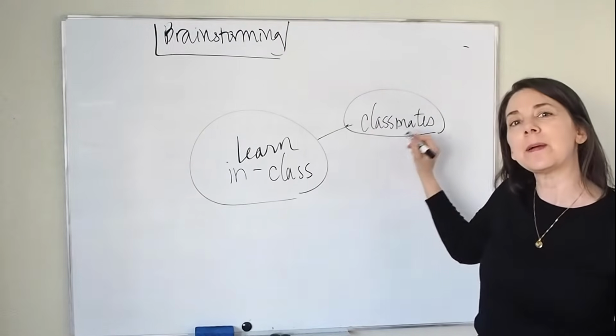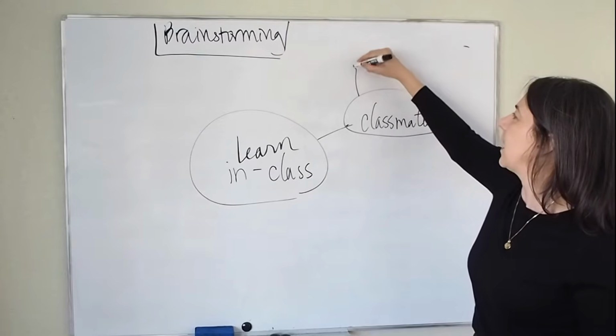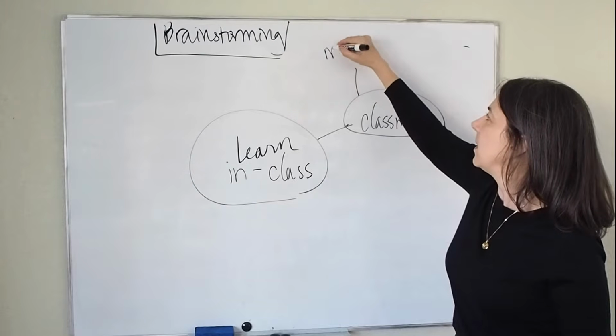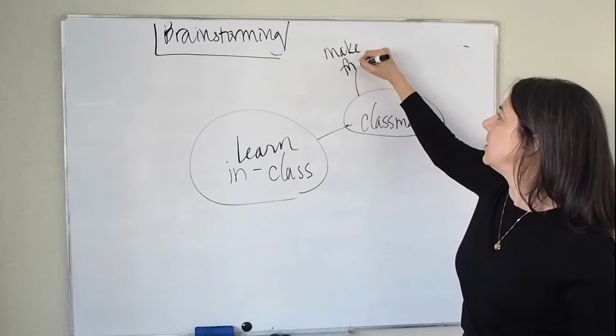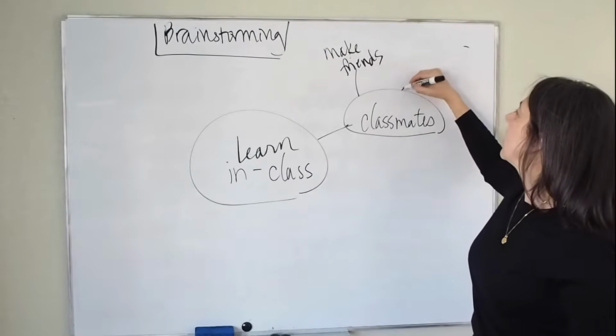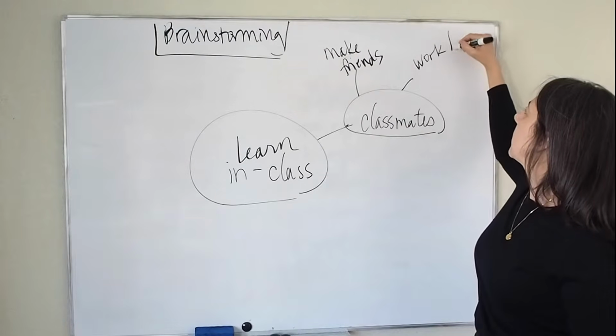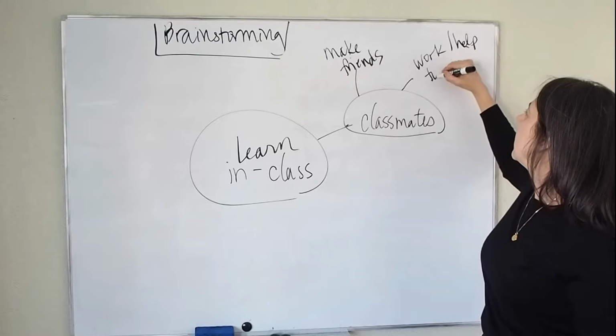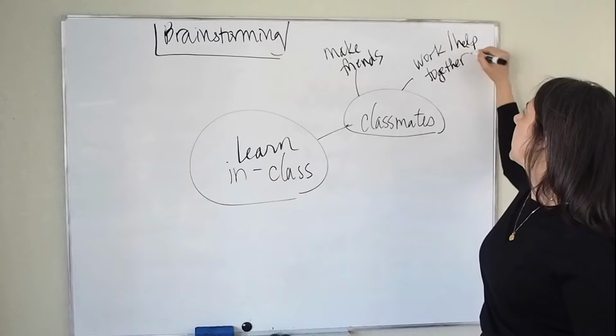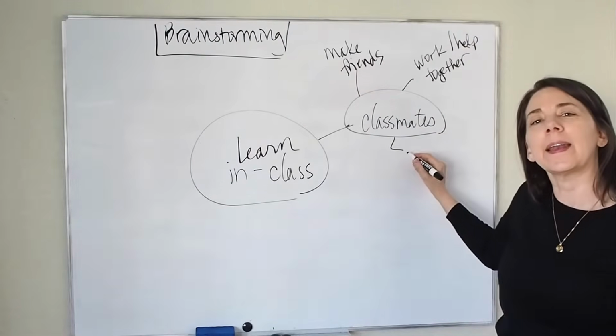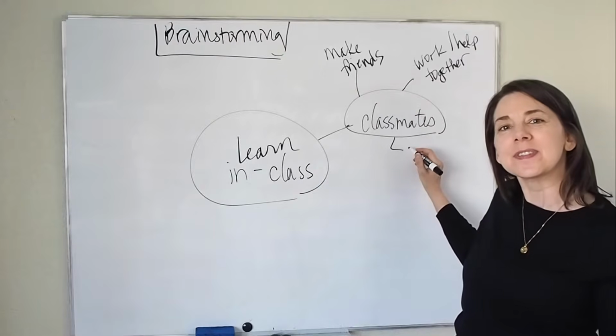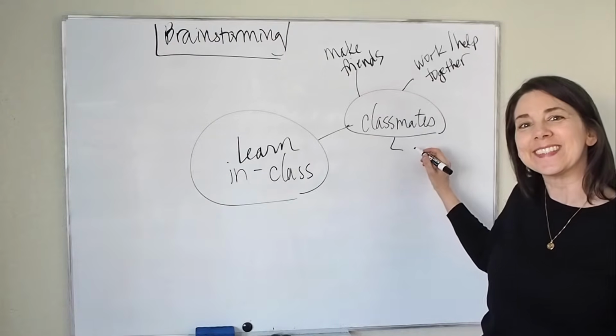And then I want to think about the details. I might say that it's easier to make friends and that we can work together and help each other. And I might say that it makes it more interesting because we can see each other's faces.